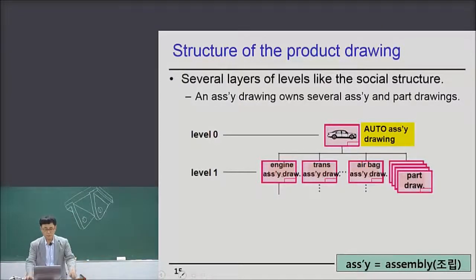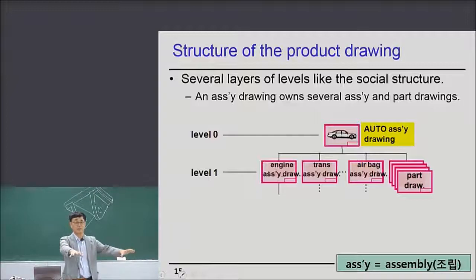Then, also in the assembly drawing at level 0, there are many P parts. Purchase parts are listed. So according to that list of purchase parts, you have purchase parts here, for bolts, nuts, bearings.